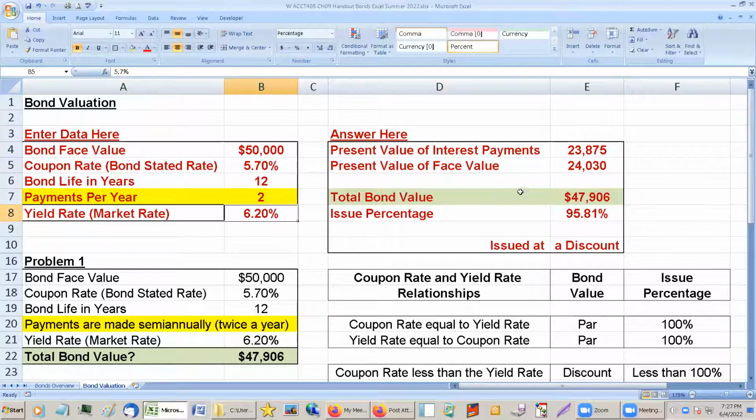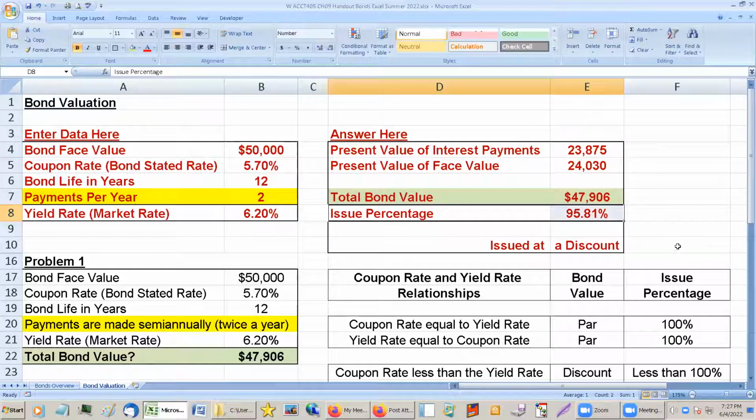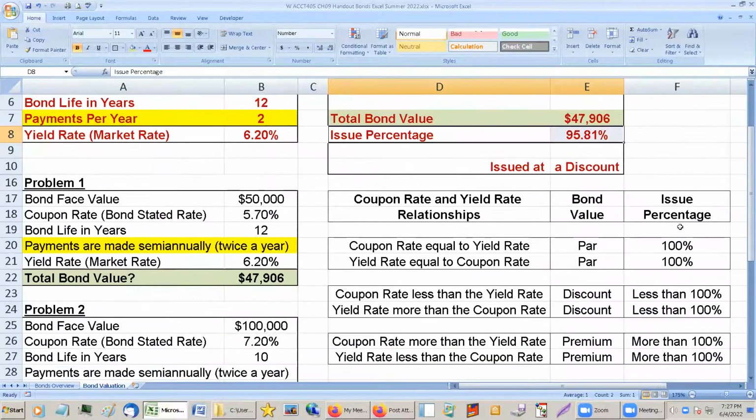So they'll still buy the bonds, they just won't pay the full amount. It's the difference between these two. The bonds are paying less than the market wants. The market will still buy them. They just won't give the full face amount. And this is a percentage of what the face amount is.